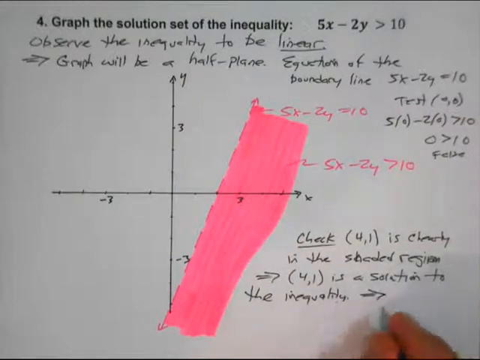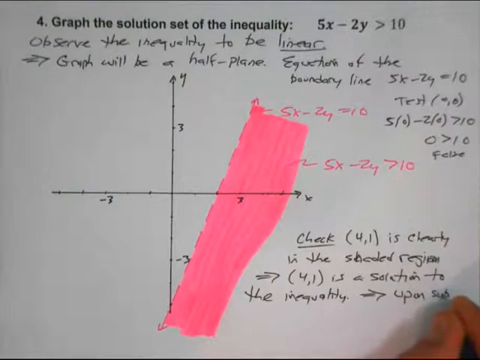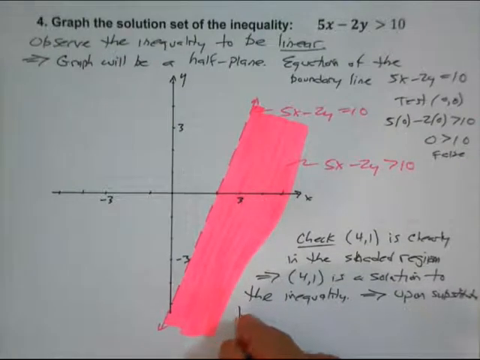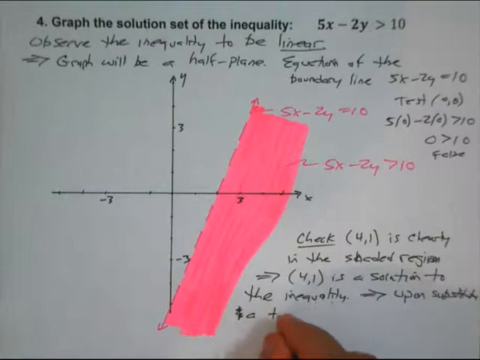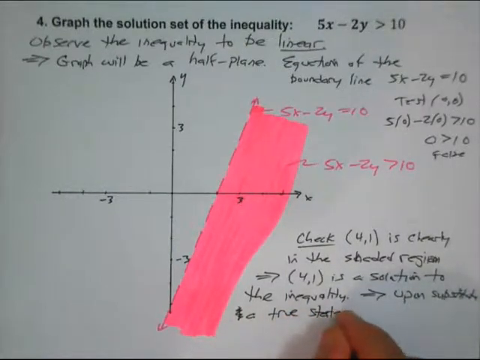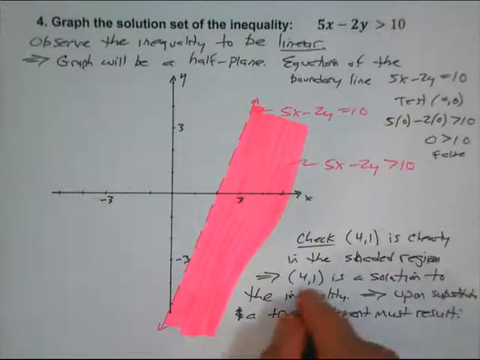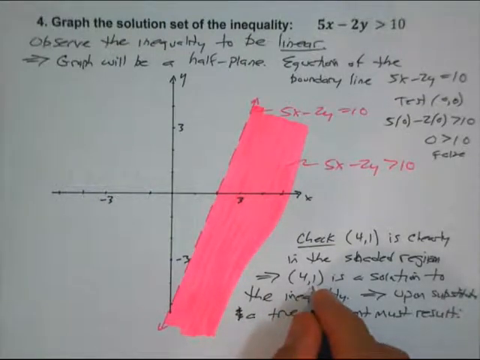Now that implies that upon substitution, a true statement must result. Let's see what happens. 4 for x, 1 for y.